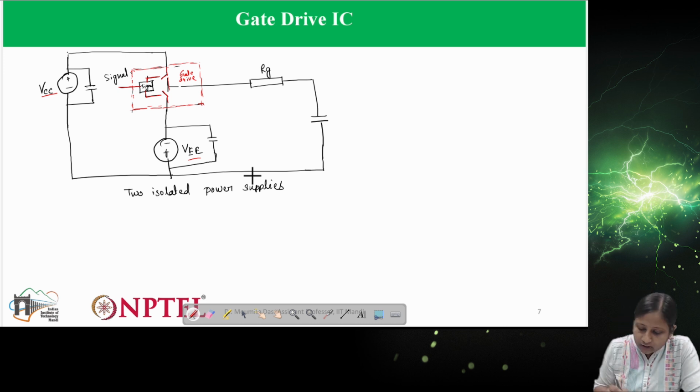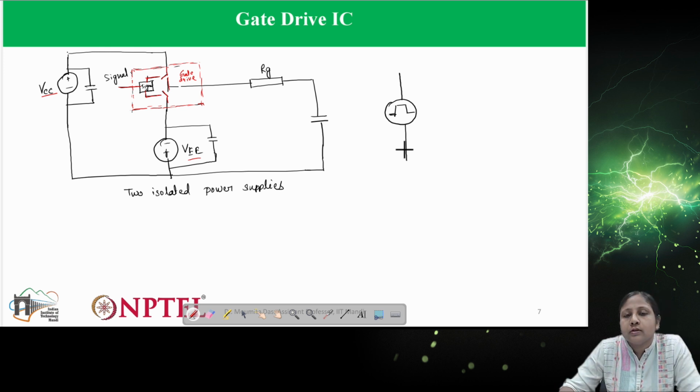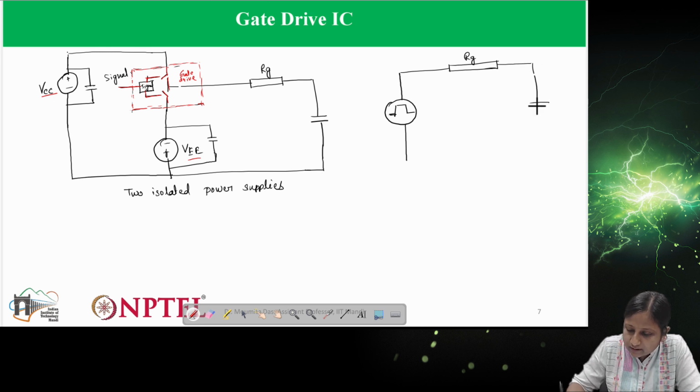Now when we are providing gate drive, what is happening? At the output, we will have this kind of signal going from the gate drive to the switch. Then there will be resistance RG. Now this gate is going to the capacitor.